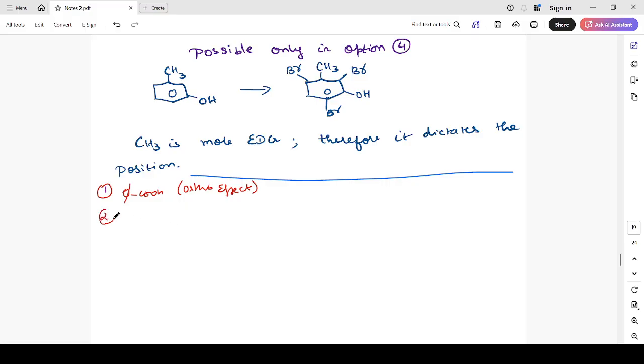The next questions come from common oxidation and reduction reactions of acids. Like how do you prepare carboxylic acid from an aldehyde as well as from ketones? And similarly, what happens when you reduce an acid in the presence of lithium aluminum hydride or B2H6? Yesterday we saw the diborane reactions.